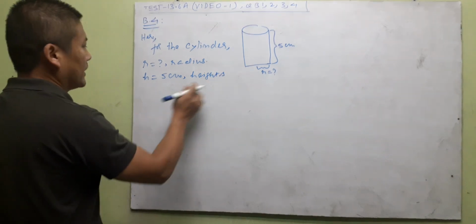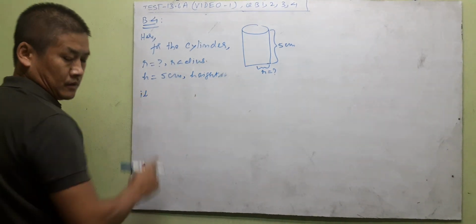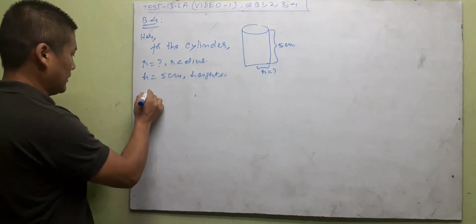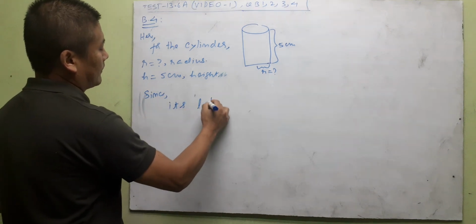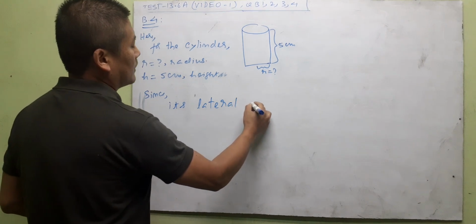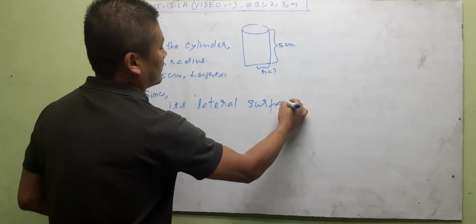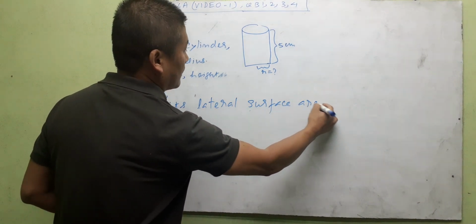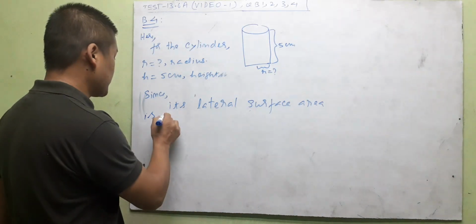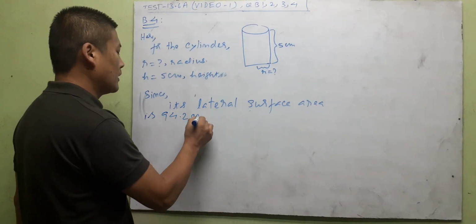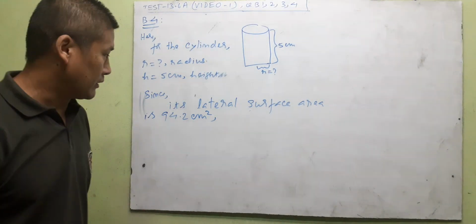Now the question says its lateral surface area is 94.2 centimeter square. Look into your question and you will get that.